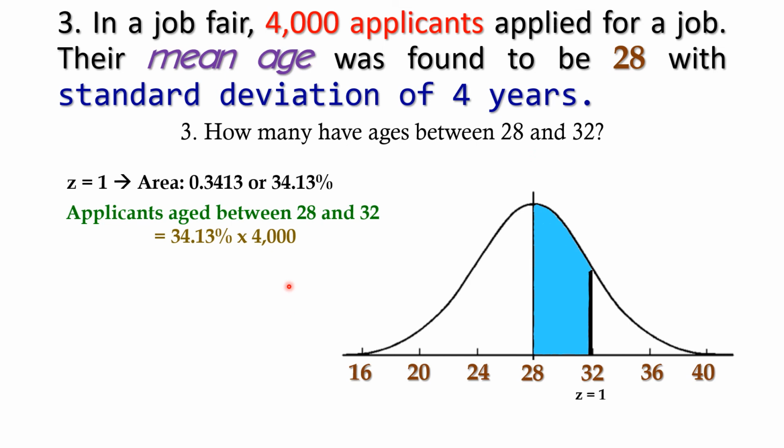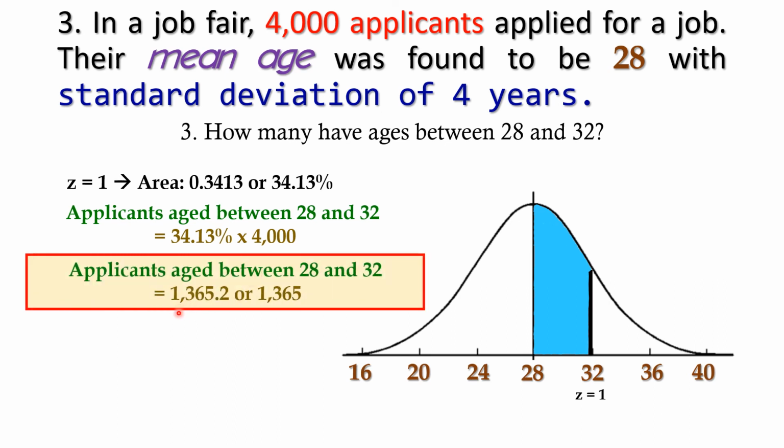So this is the formula: 34.13% times 4,000. Upon multiplication, the result is 1,365.2 or 1,365. So there were 1,365 applicants who are aged between 28 and 32. And that is now the answer to the question that we have here. Next.